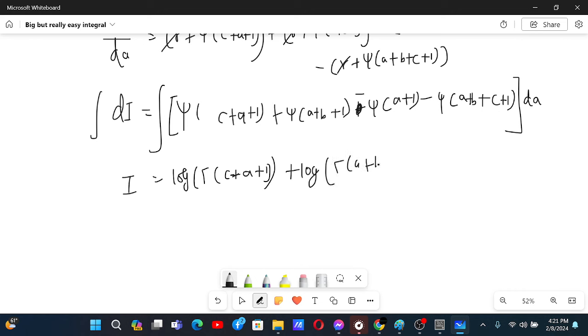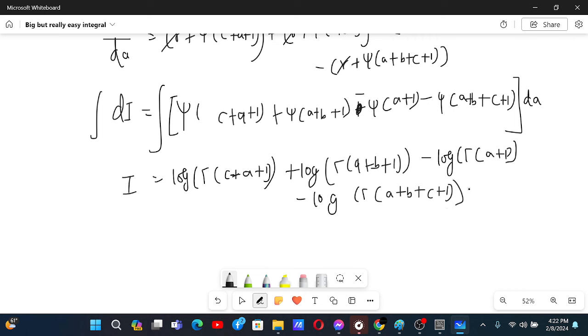Plus gamma of a plus b plus 1, minus log of gamma of a plus 1, minus log of gamma of a plus b plus c plus 1.